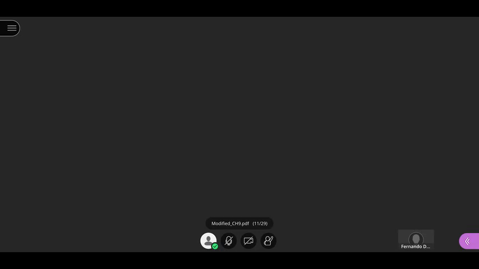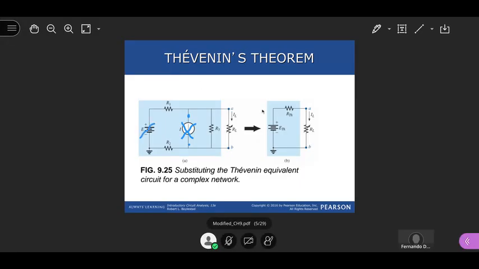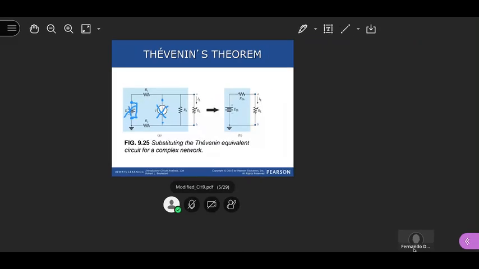If you had a current source like here, you will substitute a current source by an open circuit instead of a short circuit. You just basically remove this and substitute it by an open circuit between the two points. And the voltage source, you remove it and substitute it by a short circuit, right?